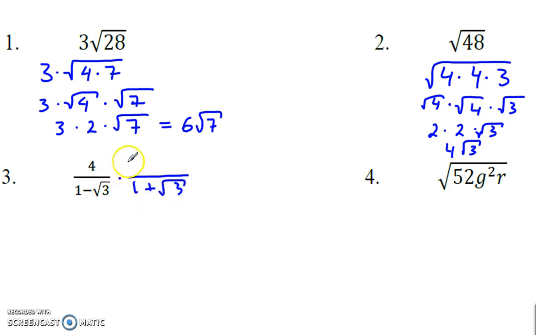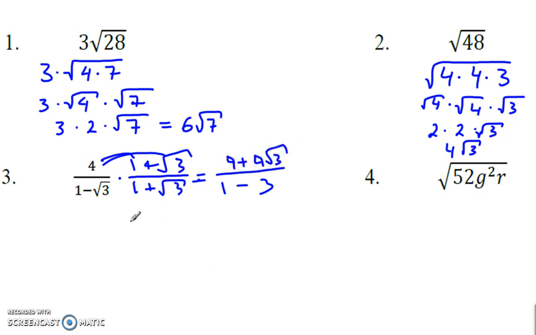So, there we go. If you have a radical expression in the denominator, we expand that with a conjugate. Remember that we just changed the minus to a plus. That gives us a difference of squares. So 1 squared is 1. Radical 3 squared is 3. It's a difference of squares, which means minus. 4 times 1 is 4, and 4 times radical 3 is 4 radical 3.